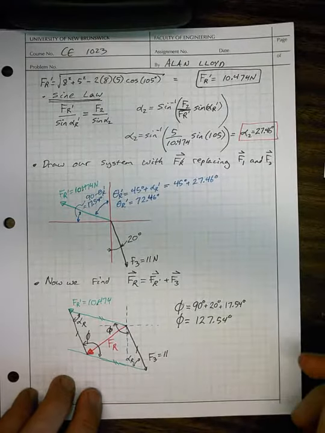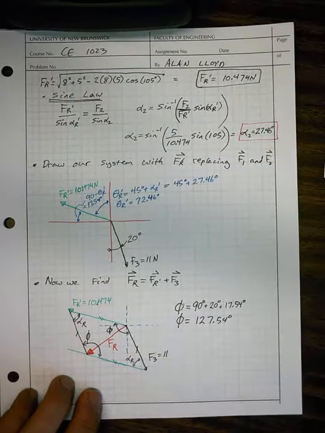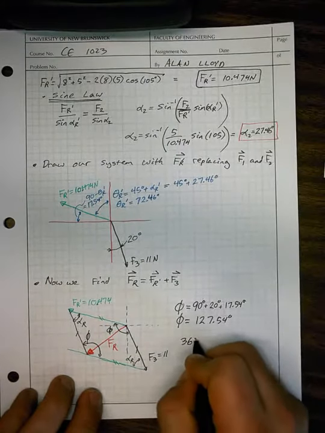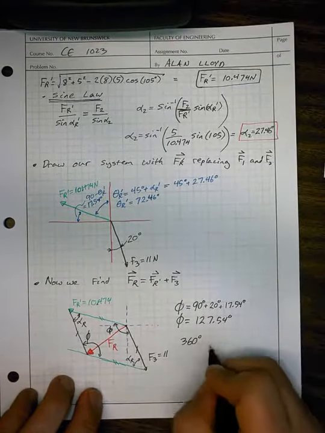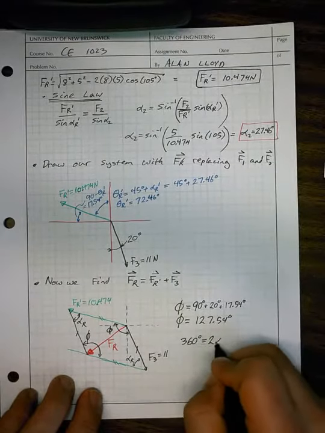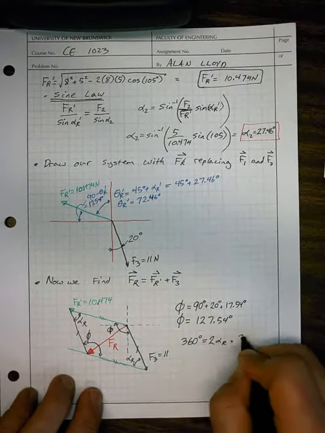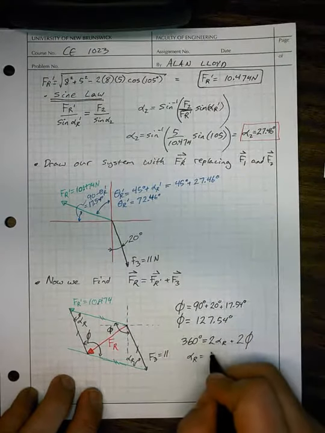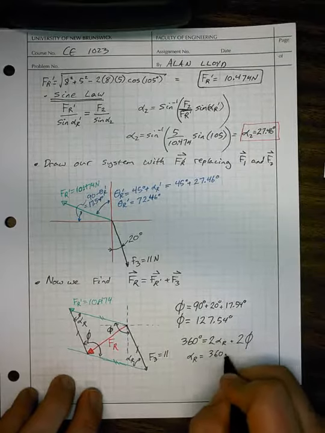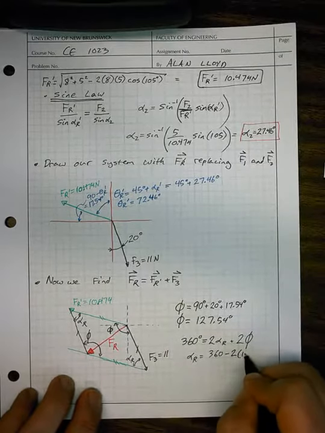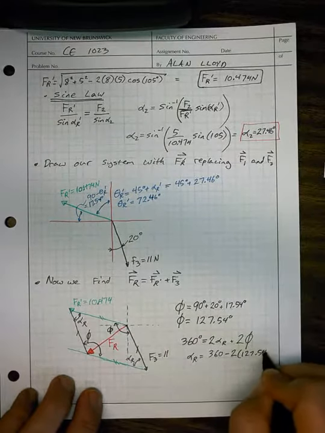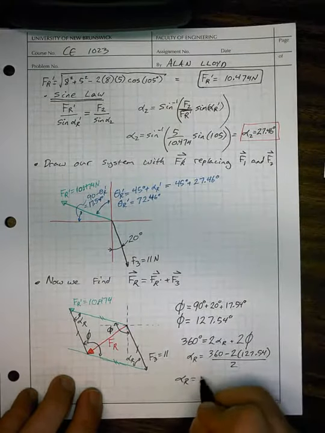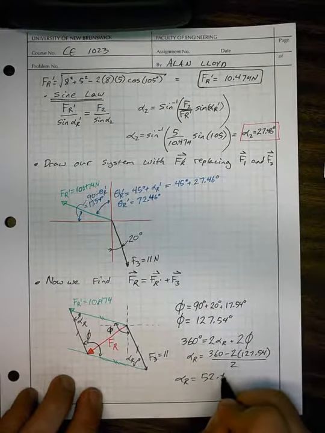Now, what we're most interested in is alpha R. So let's calculate that. And we know that there is 360 degrees in that shape, and that's equal to 2 alpha R plus 2 phi. So alpha R is equal to 360 minus 2 times 127.54, over 2. Alpha R is equal to 52.46 degrees.